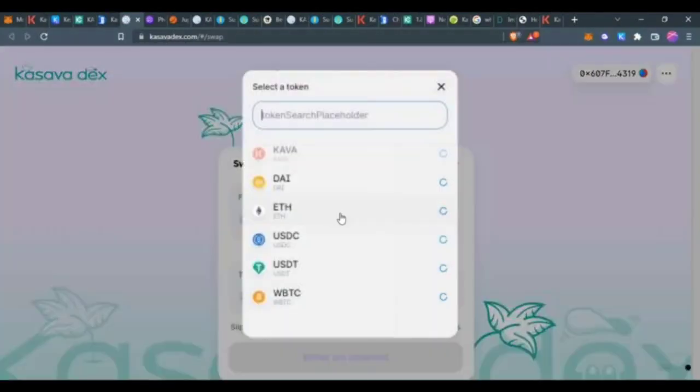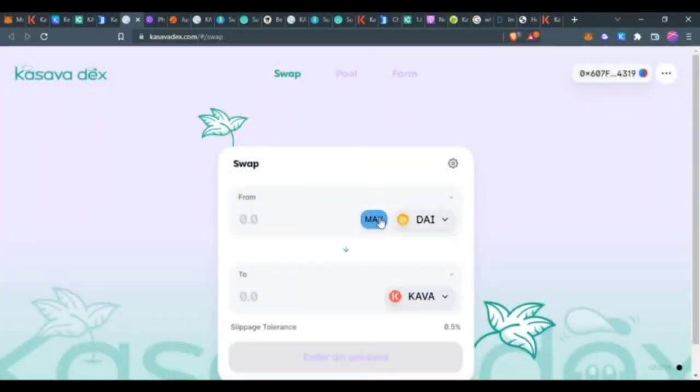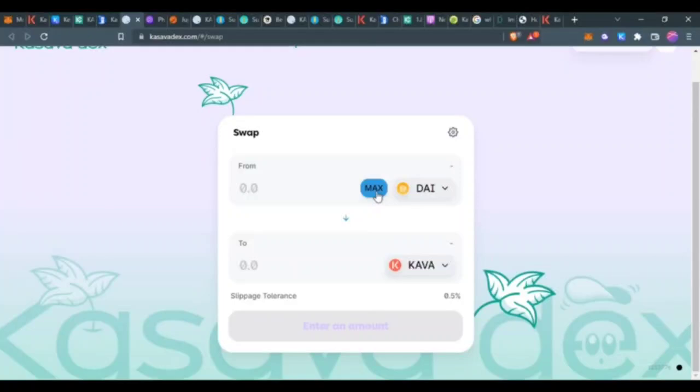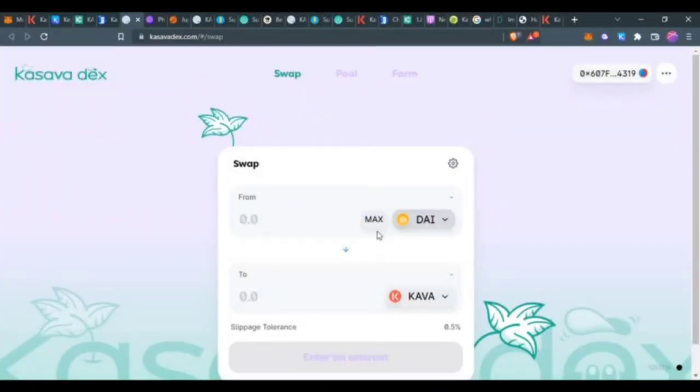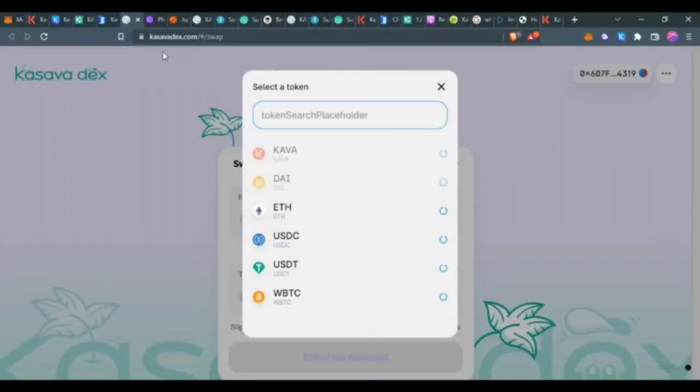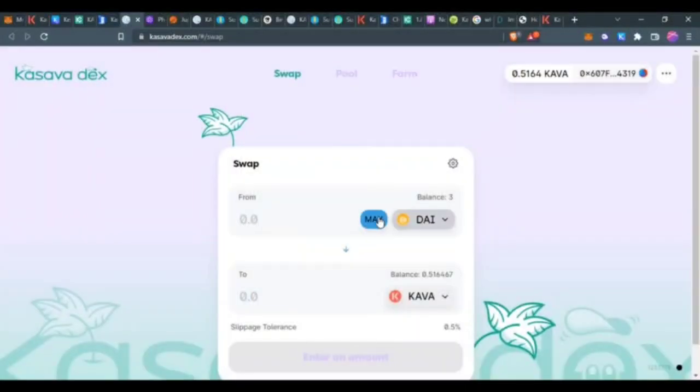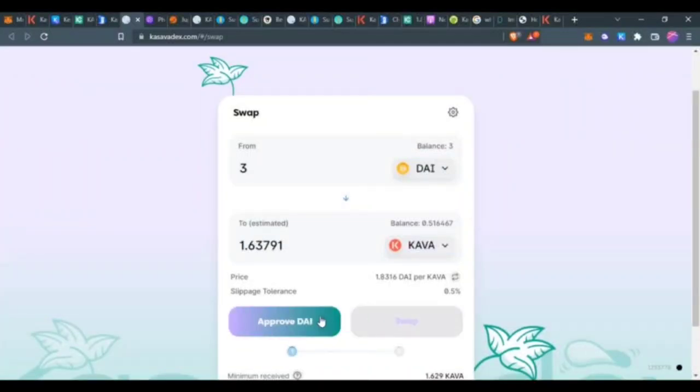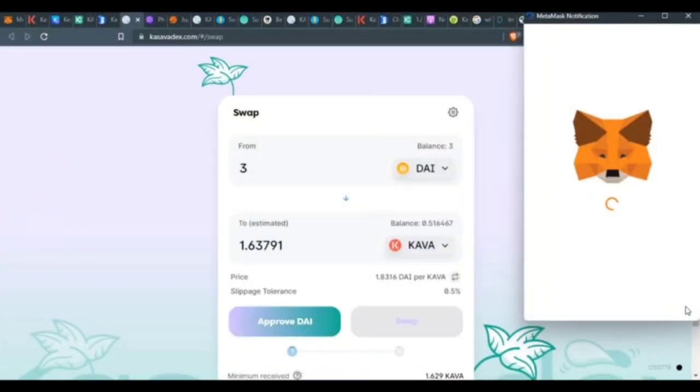Let's see. That's where I actually was able to get the DAI from. There we go. Let's approve our DAI.